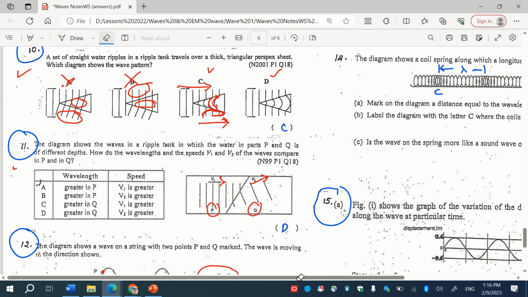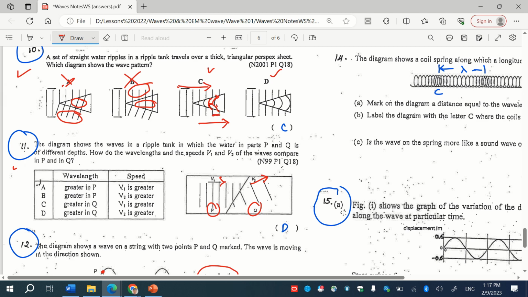The one in the center gets dragged behind. I hope you see that. So that tells me in the shallow region, they are traveling slower. Therefore, the answer is C. I can also see that because they are dragged behind, their wavelength is shorter as compared to the wavelength outside.